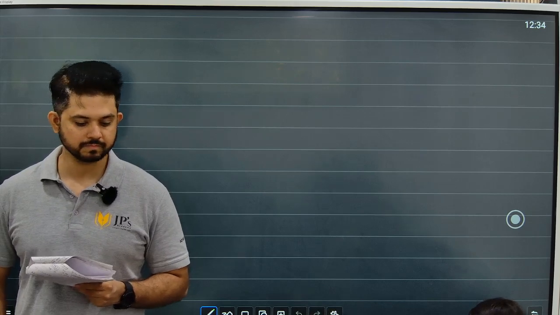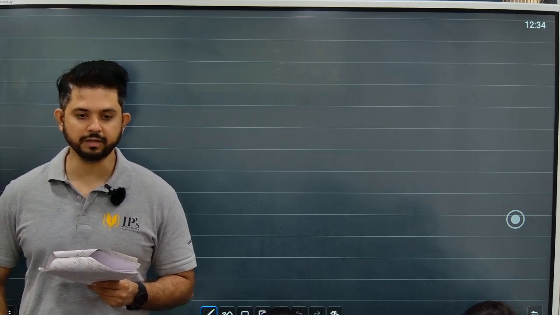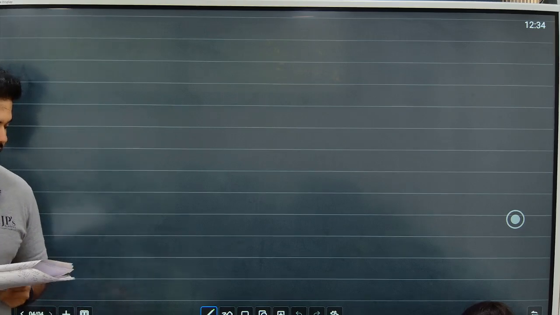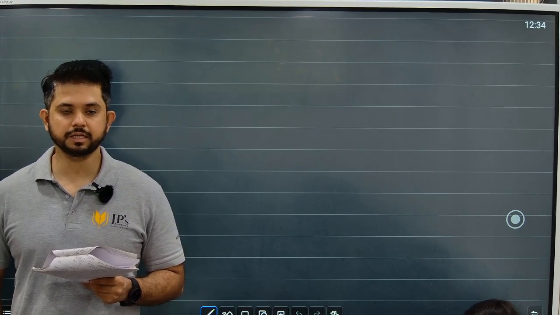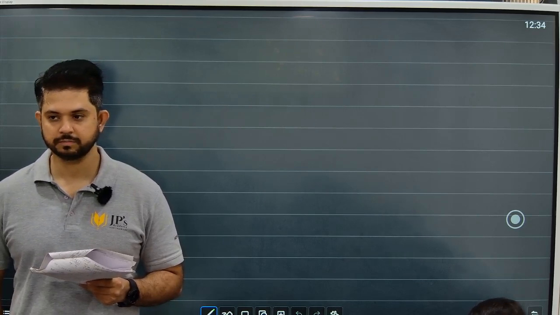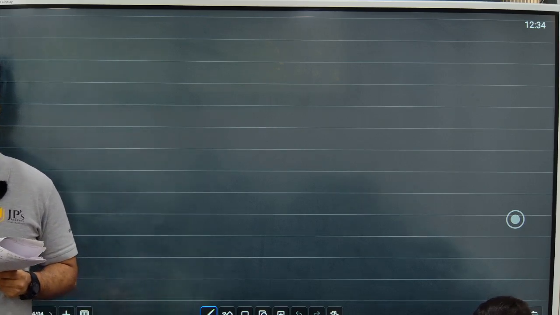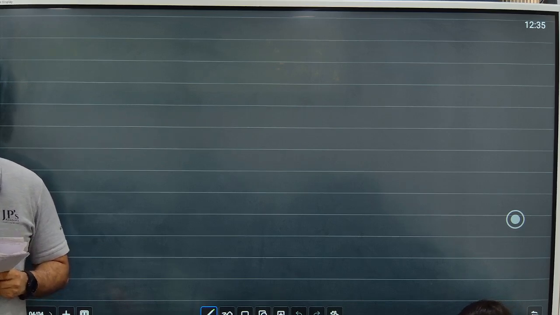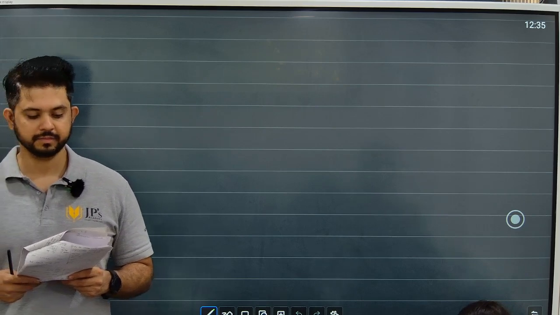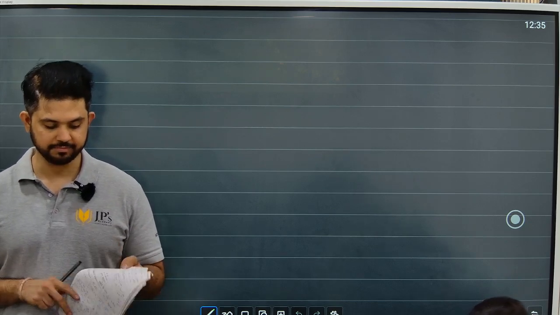So, eg orbitals acquire greater energy as compared to t2g. And d orbital loses its degeneracy.